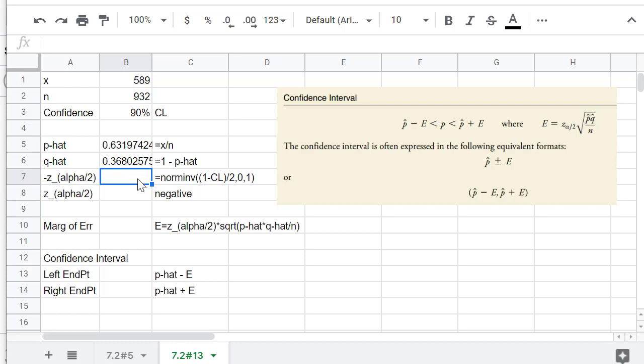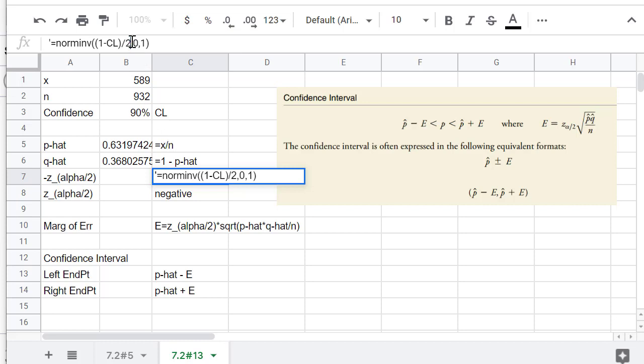Now Z sub alpha over 2 is a critical value found from our standard normal distribution. We essentially want to take this 90%, which is in the middle, subtract it from 1, where we would get the tail. So we would have 1 minus the confidence level. And then we would divide that by 2, because we're only dealing with one tail.